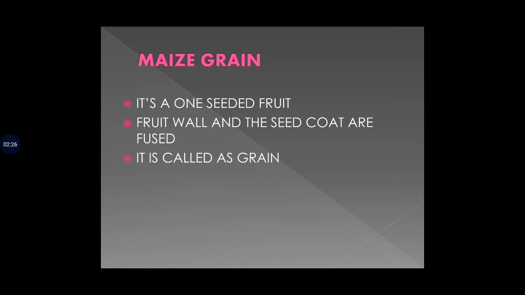Here, there are no 3 distinctive layers present in the maize grain. So what is present over here? Definitely there is a protective wall that protects the internal structure of the seed, but exactly it is not what we call the pericarp.